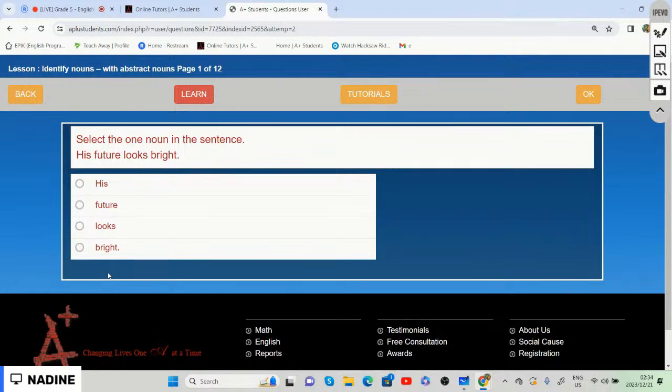His future looks bright. We need to select the abstract noun within the sentence.